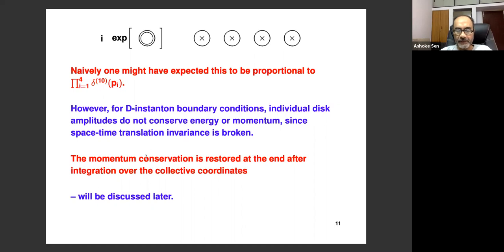So the momentum conservation, in fact, will be restored at the end after you integrate over the collective coordinates, which you don't see yet from this, and we'll see how they emerge from these diagrams. And these I'll discuss later. But this is something to keep in mind, because at this stage we have no momentum conserving delta function at all, if we just naively look like this.